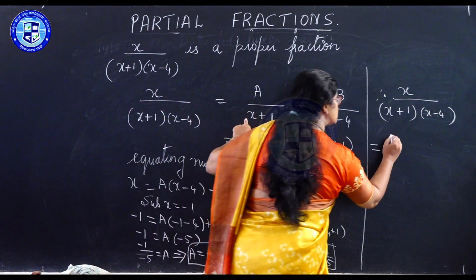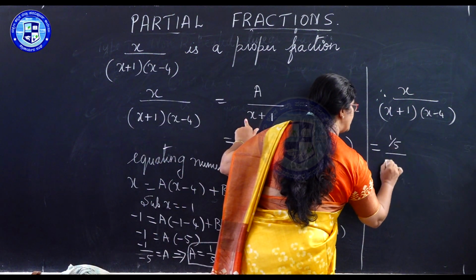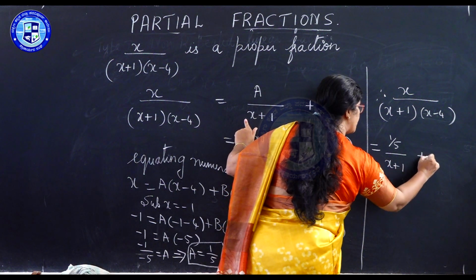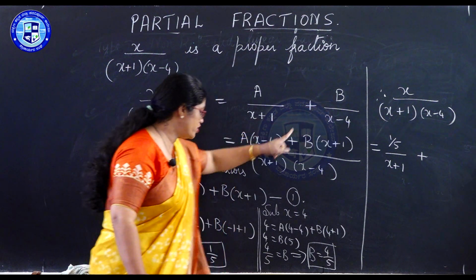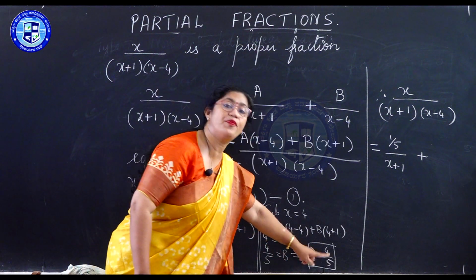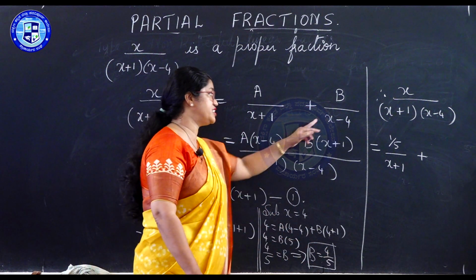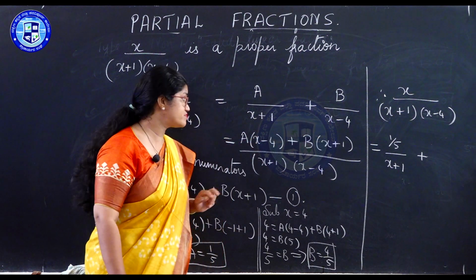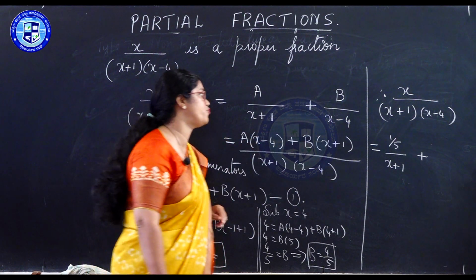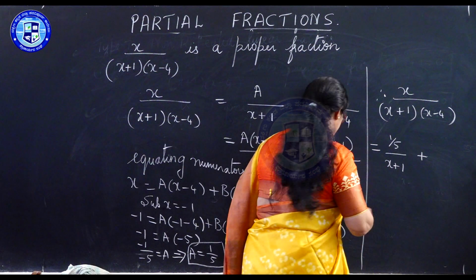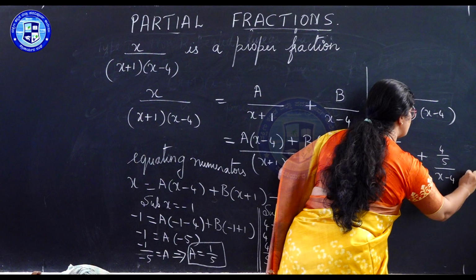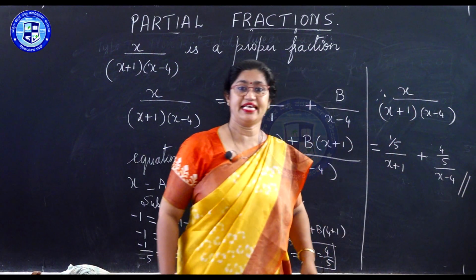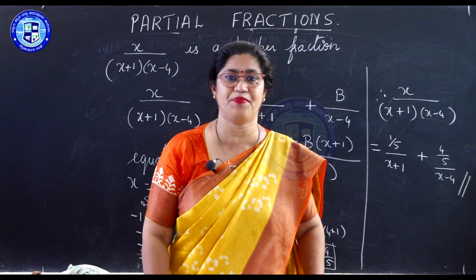So this is 1 by 5 divided by x plus 1 plus. Next one is B. What is the value of B? 4 by 5. And what is the denominator for B? It is x minus 4. So it will be 4 by 5 divided by x minus 4. And yes, now the sum is complete.